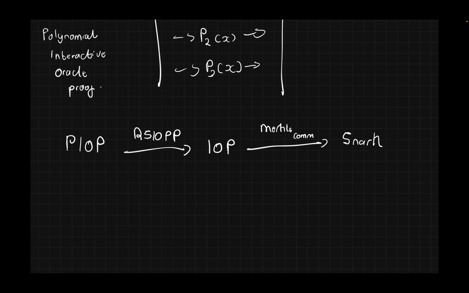Why do you convert it back to an IOP? Why convert what to an IOP? The PIOP. To convert a PIOP to an IOP, you use the RS IOPP, the Reed-Solomon interactive oracle proof of proximity, to prove the degree. It's two parts now. A polynomial has degree and values. You need to prove both of them. So you use the RS IOPP to prove the degree.